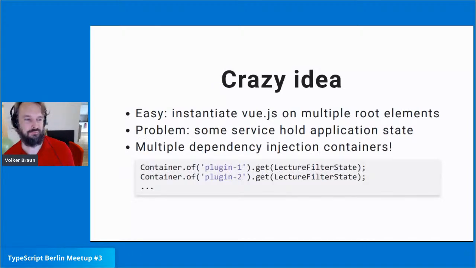Fine. If you have one dependency injection container, why not have as many different dependency injection containers as you have plugins running on the same page? Actually a nice, perhaps lesser used feature of TypeDI, but it works.